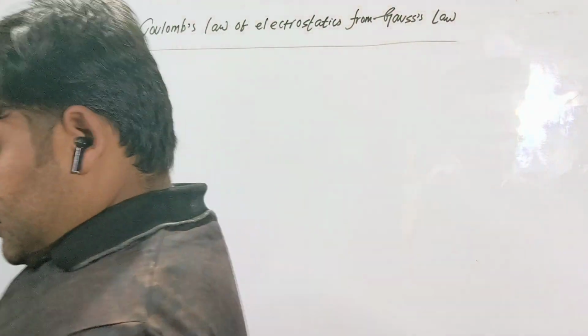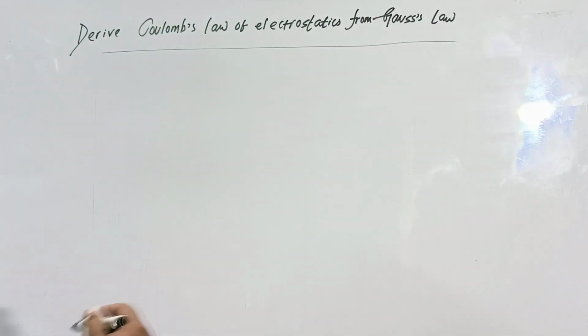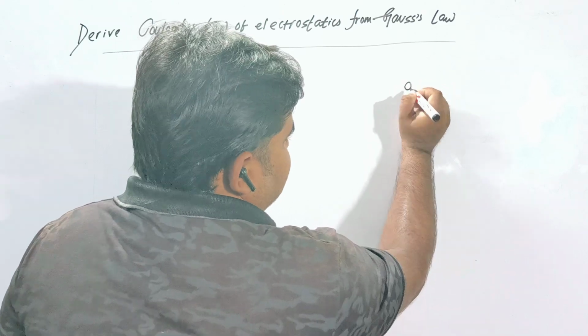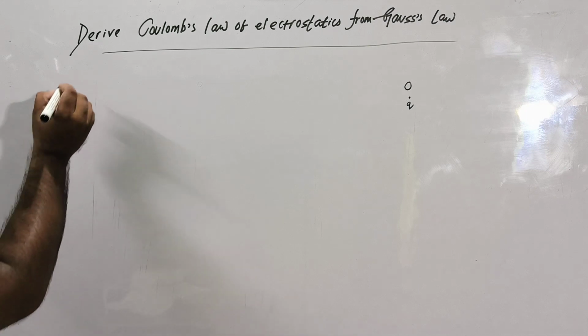So, in order to derive Coulomb's law from Gauss's law, we need to consider a charge. First of all, consider a charge at a point O. This is our point O. This charge is Q. So, write alongside with me.